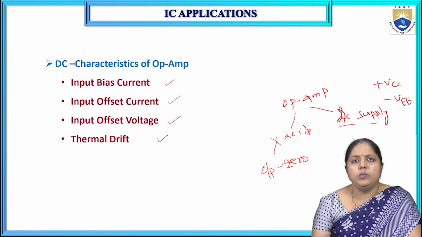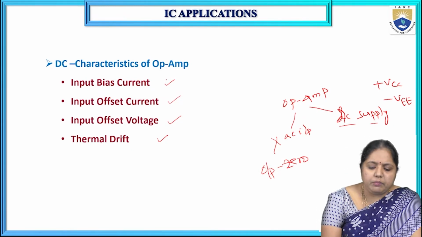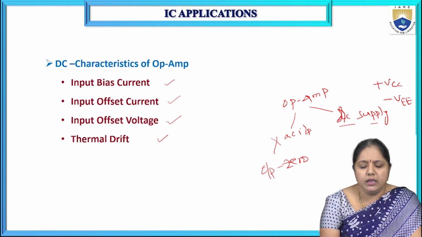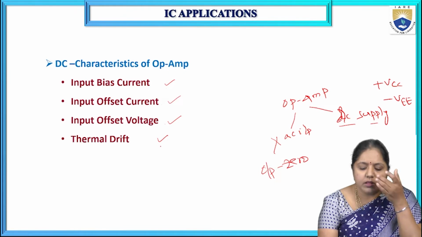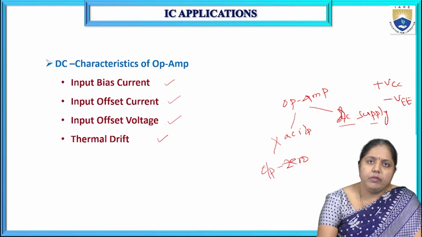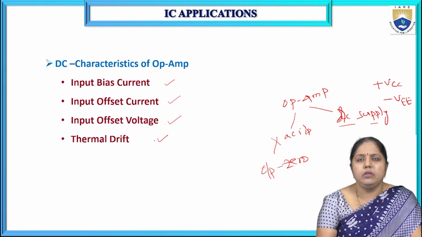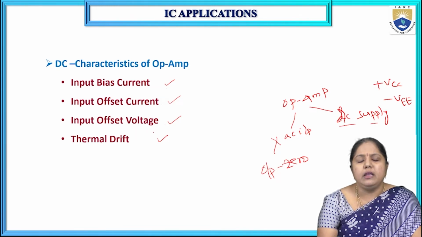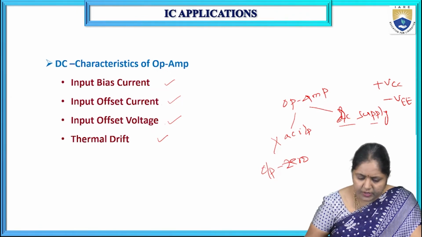The possibility of getting an output voltage in the absence of the AC signal is that it may be due to the input bias current, input offset current, input offset voltage, and thermal shift. Because of any of these properties, or a combination of all these voltages and currents, I can get some output voltage across the operational amplifier.